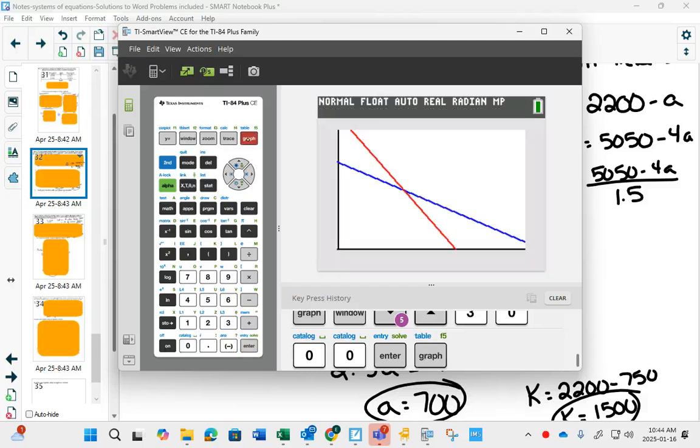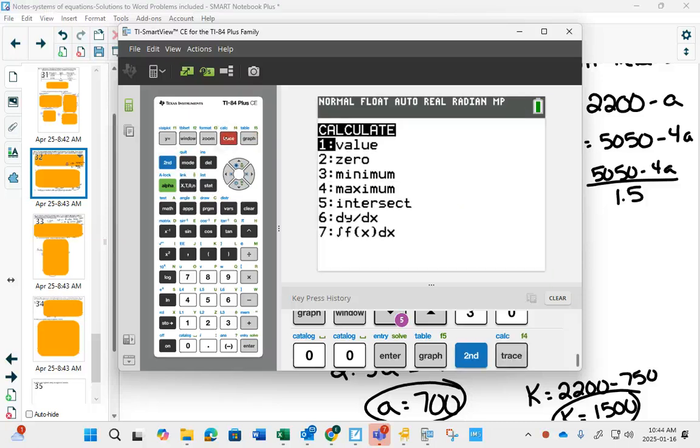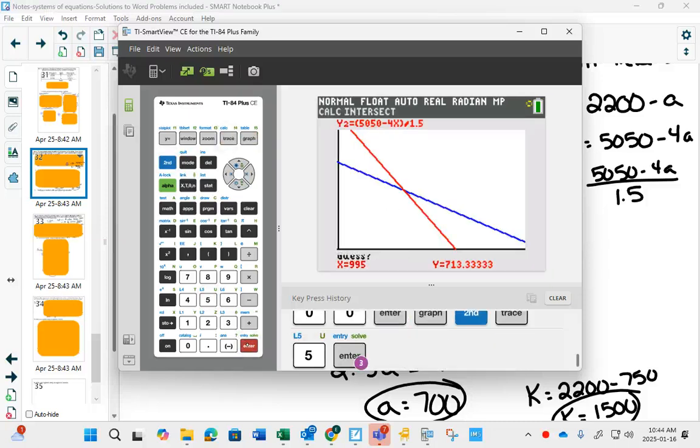So we fiddle around until we get our graphs to intersect, and then we can calculate where they intersect, and we get the same answer of 700 and 1500 that we had from before.